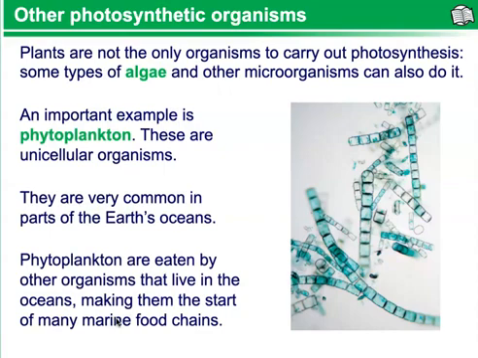Phytoplankton are eaten by other organisms that live in the oceans, making them the start of many marine food webs. Much of the photosynthesis occurring on Earth takes place in the oceans. Scientists estimate that phytoplankton contribute somewhere between 50 and 80% of Earth's atmospheric oxygen.